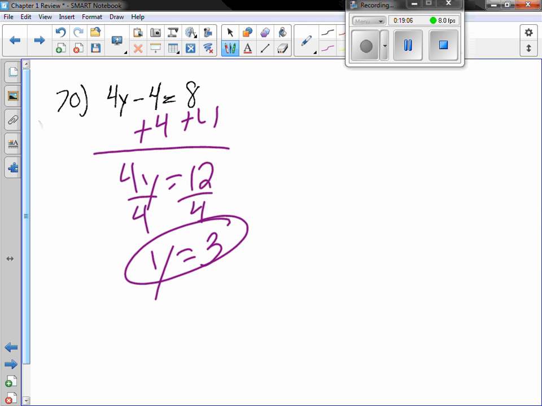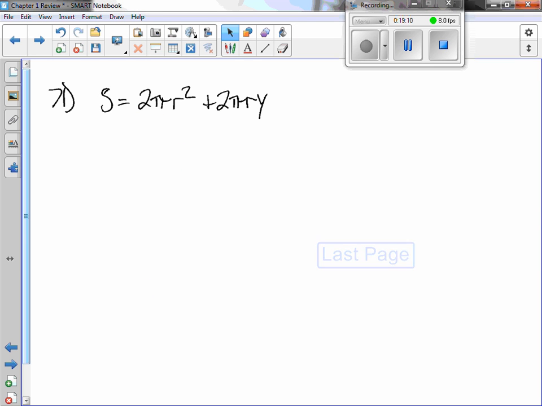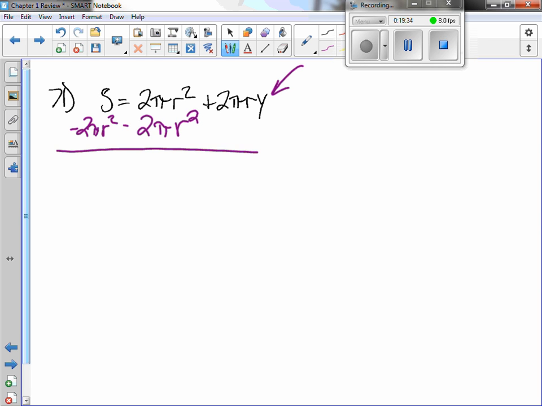That one actually solves. It's not the same as the rest of them. So here we're solving for the value of, I don't know if some of y'all made it to this point, but this should look familiar a little bit. Because what we're going to do is subtract 2 pi r squared from both sides, because these two here will cancel.